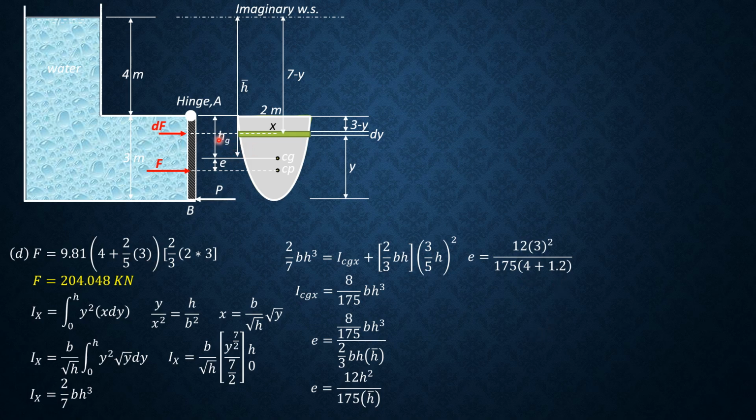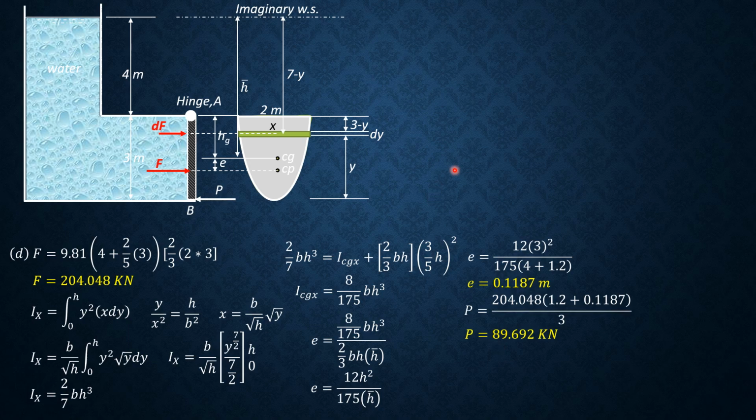The distance to the centroid is 1.2; this one, 2/5 of 3, is 1.2. So e is equal to 0.1187 meter. Then for P, P is F times 1.2 plus e, divided by 3. So P is 89.692 kilonewtons.